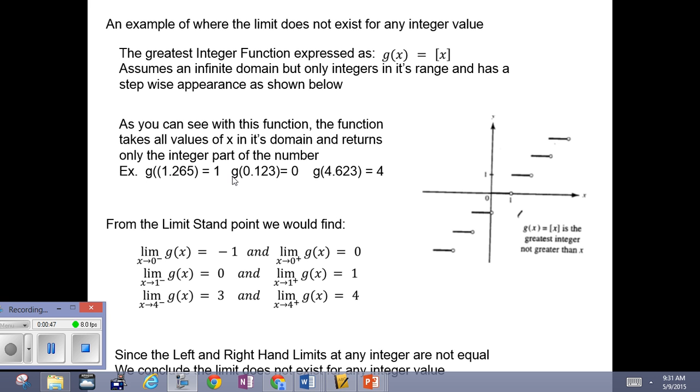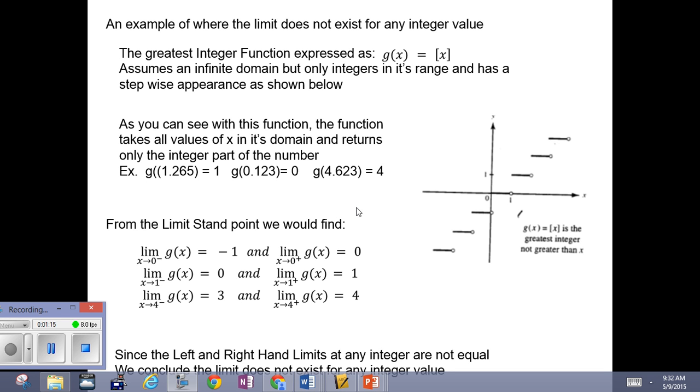If you plug in the x value of 0.123, it only returns to you the integer component of 0. If you put in the x value of 4.623, it only returns to you the integer value of 4. So in other words, it truncates all the decimal values, only returning the integer component of whatever value is given it.